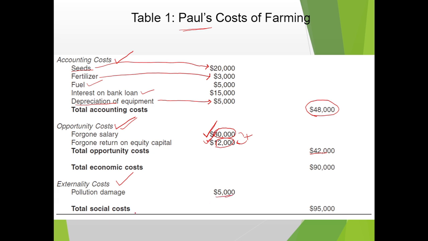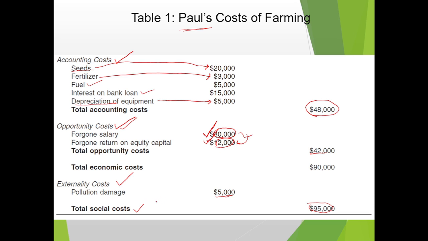So the total social cost would be accounting cost plus opportunity cost plus externality cost. It comes out to be equal to $95,000.